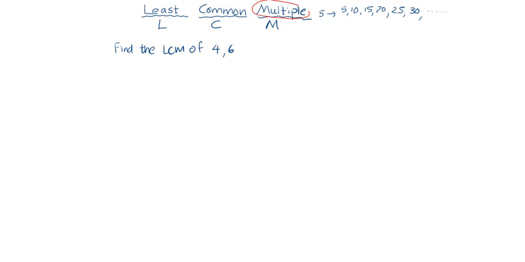The last word there is multiple, so you find the multiples of those two numbers. In step 2, you find the common numbers between the multiples of the two numbers. And lastly, in step 3, you look at the common multiples and pick the least, the smallest one.